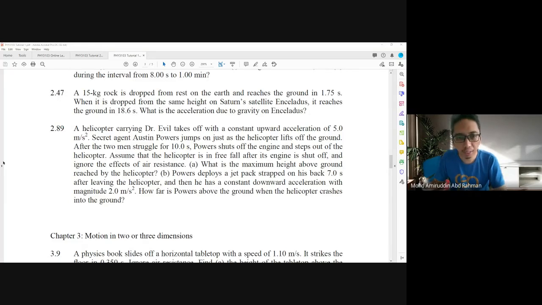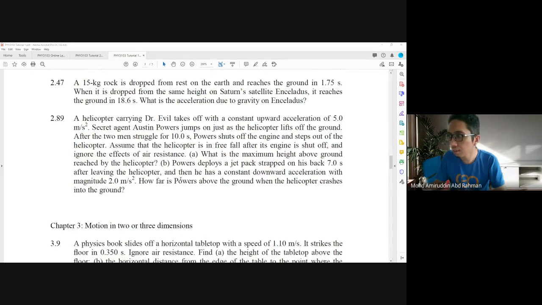And then for B, Powers deploys a jetpack strapped on his back 7 seconds after leaving the helicopter. Then he has a constant downward acceleration of magnitude 2 meters per second squared. How far is Powers above the ground when the helicopter crashes into the ground?